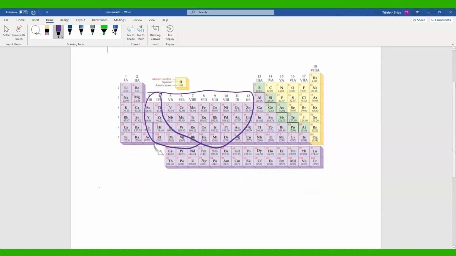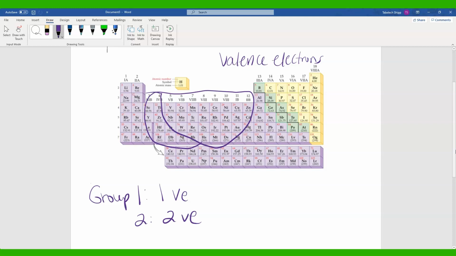All right, so here we go. I'm going to write down what I just said. And when I say VE, we're talking about valence electrons, okay? This is going to make sense for you in a second. Group 2, 2 valence electrons.